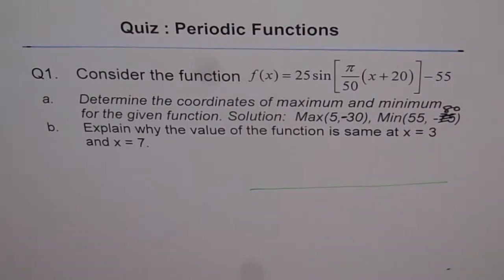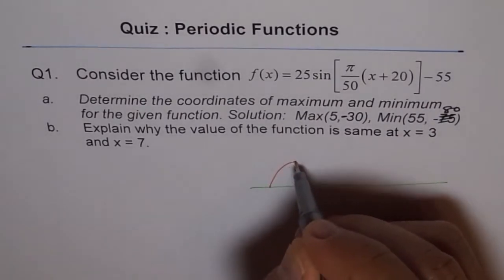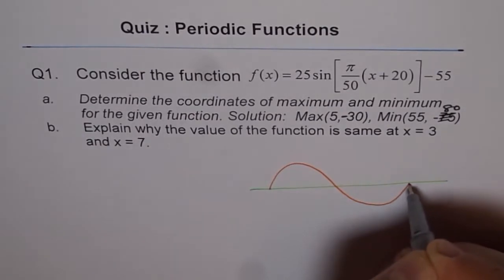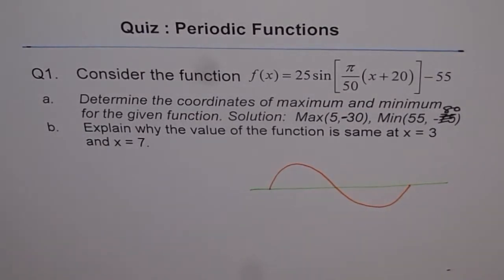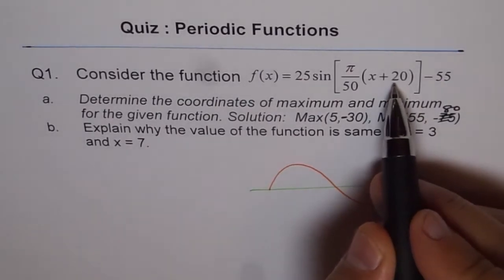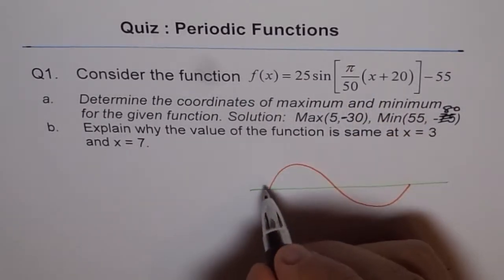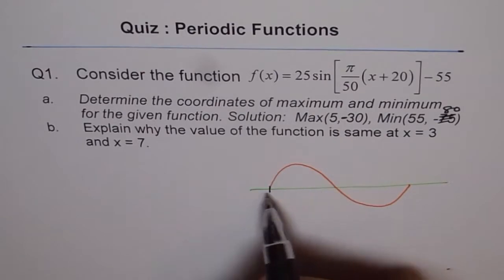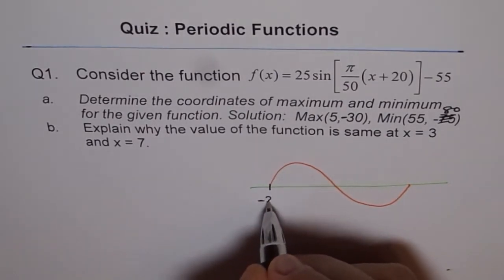Here is the solution. So we'll again draw a simple sine wave, right? And we learned that the sine wave started at minus 20, right? So this was 20 units to the left, so this was minus 20, correct?